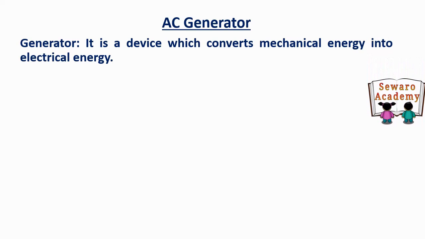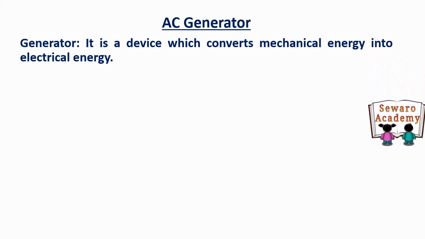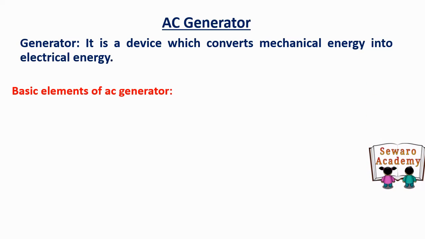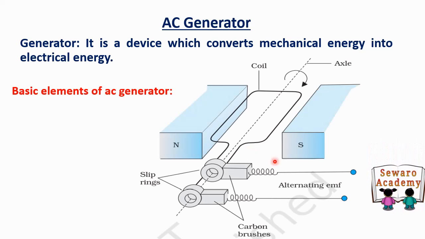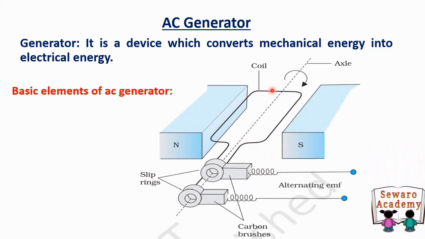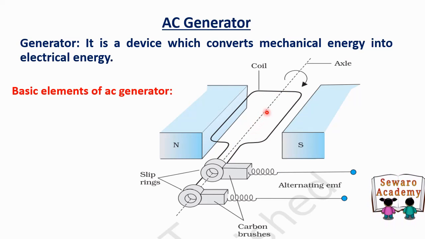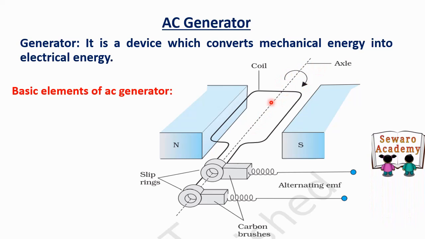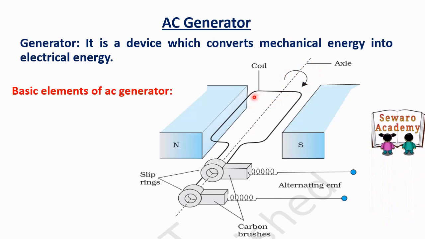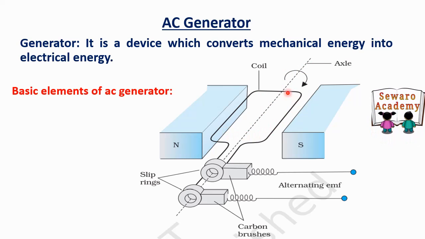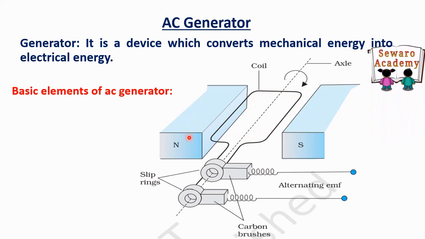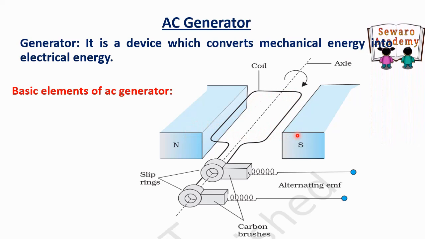So now let us discuss the basic structure of the AC generator. Here in the diagram, this is a rectangular coil and it is rotated about the axis in a clockwise direction, and this coil is placed in a uniform magnetic field which is produced by placing the North Pole and South Pole nearby.